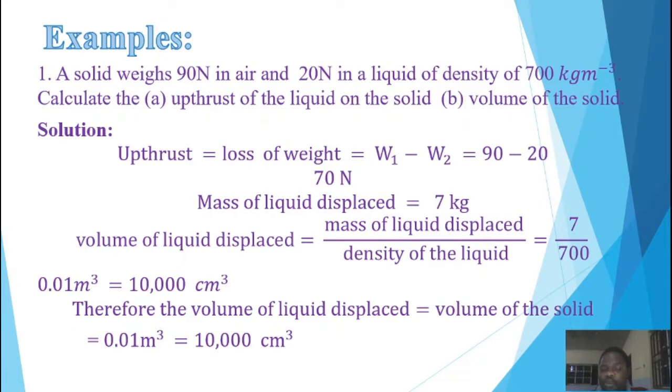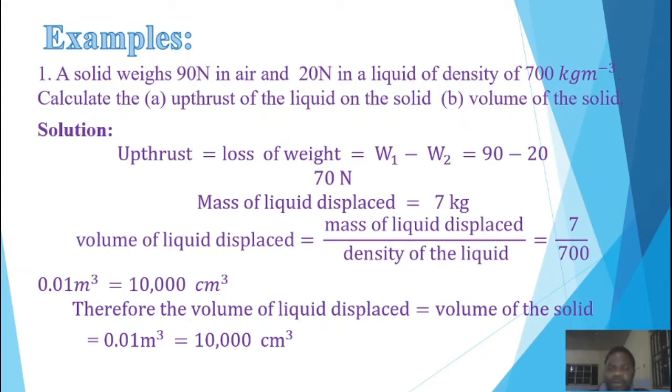That is the volume of liquid displaced. Now, since that solid is completely immersed, the volume of the liquid displaced is equal to the volume of the solid. Therefore, the volume of the solid is 0.01 meter cube, which is equal to 10,000 centimeter cube.